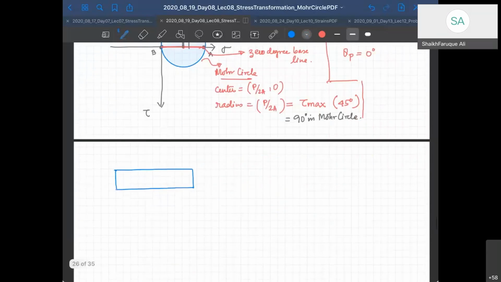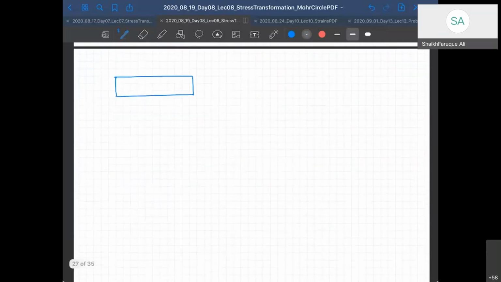Now let's look at torque. The next one we did was we gave torque. So let's say this is a torque and this is a torque that was given, opposite. And this was its axis. Now you take a plane here, any small plane. If you want to draw it in an elemental diagram, it will be something like that.